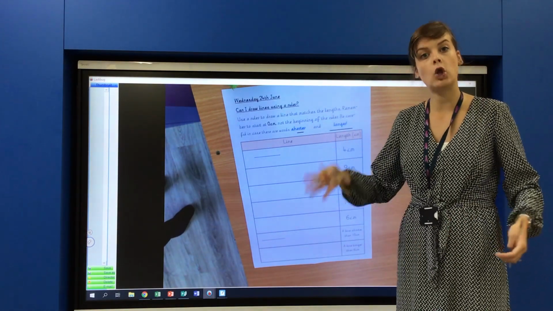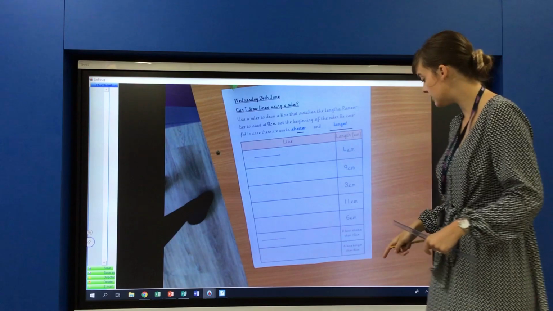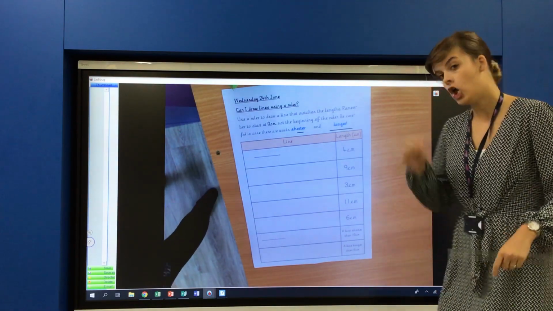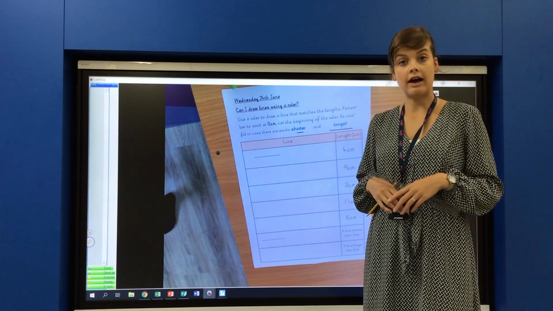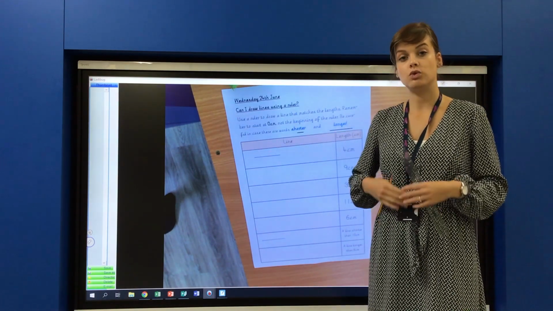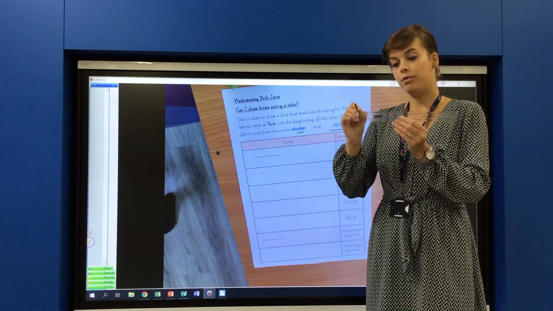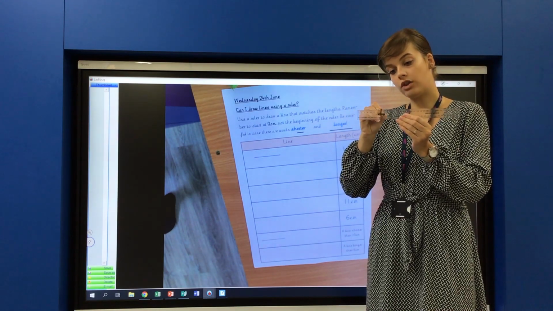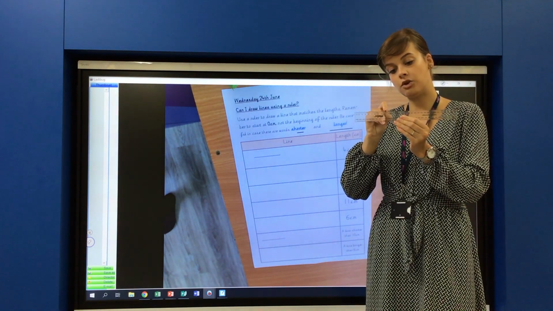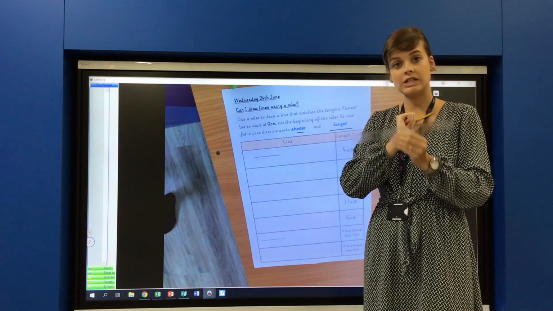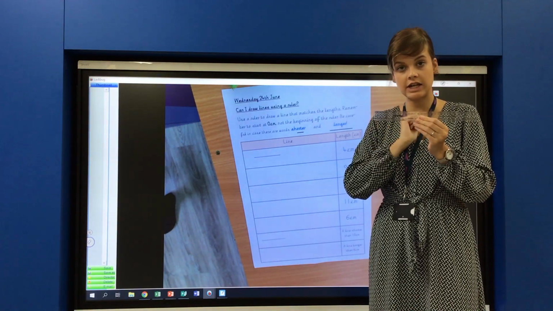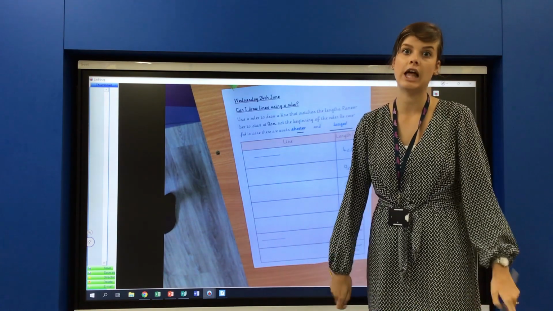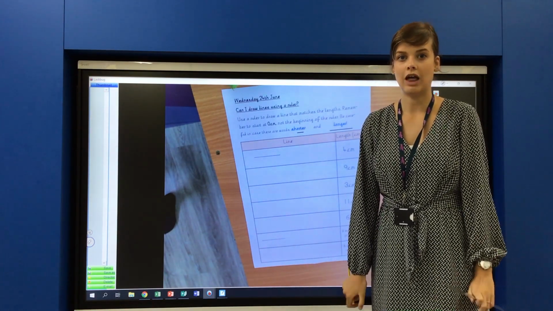It's your choice as long as it's shorter than 10 centimetres. You've also got a line longer than 6 centimetres. So as long as your line is longer, so it's going further up the ruler, it's got a lot more length to it, those centimetre numbers are getting bigger, as long as that is past 6 centimetres, it's longer than 6 centimetres, you can draw whatever length of a line that you would like.